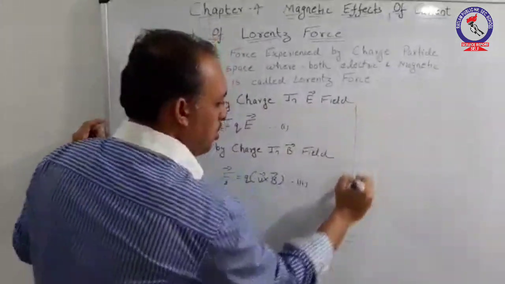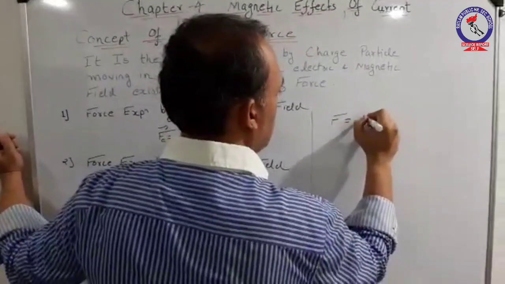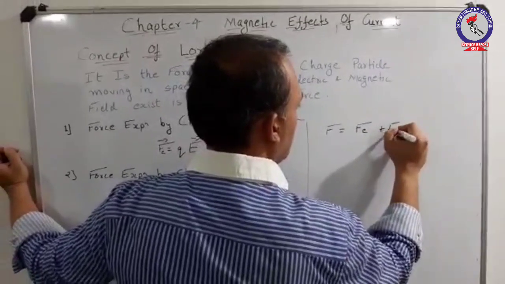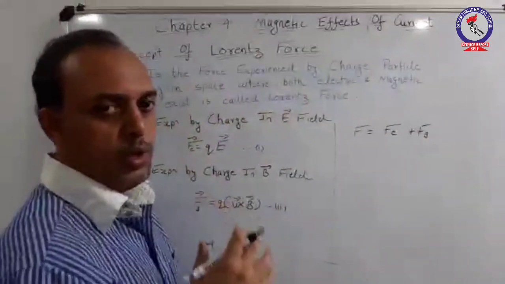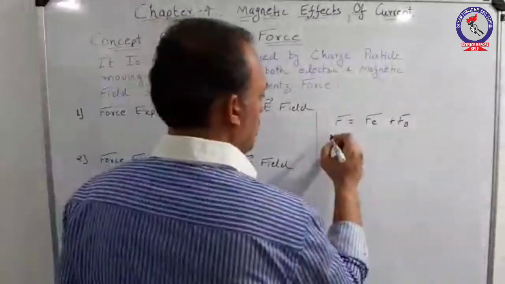The combination of both these forces, that is the net force, is equal to Fe plus Fb. The combination of these two forces will make a Lorentz force.